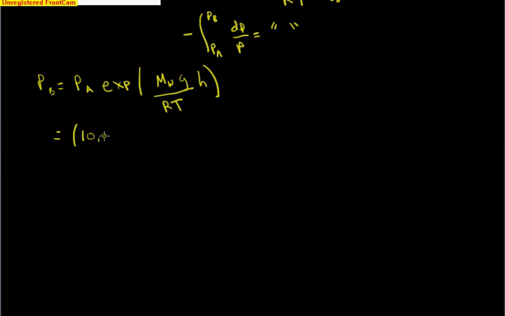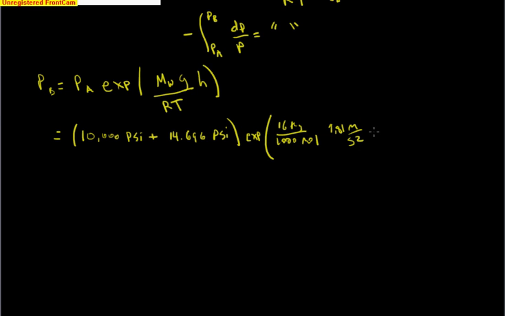It's 10,000 psi, and then we're going to add on 1 atmosphere of pressure. 1 atmosphere of pressure is 14.696 psi, and that's going to be multiplied by the exponential of, and now the molecular weight of methane is 16 grams, so 16 kilograms per 1,000 mole, and then that's going to be multiplied by 9.81 meters per second squared, and then our height, which was 10,000 feet, converted to meters is 3048 meters.